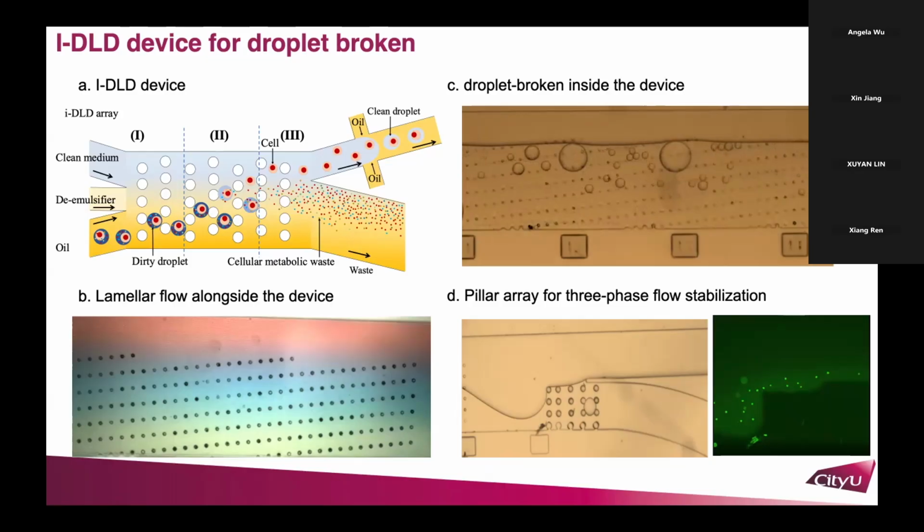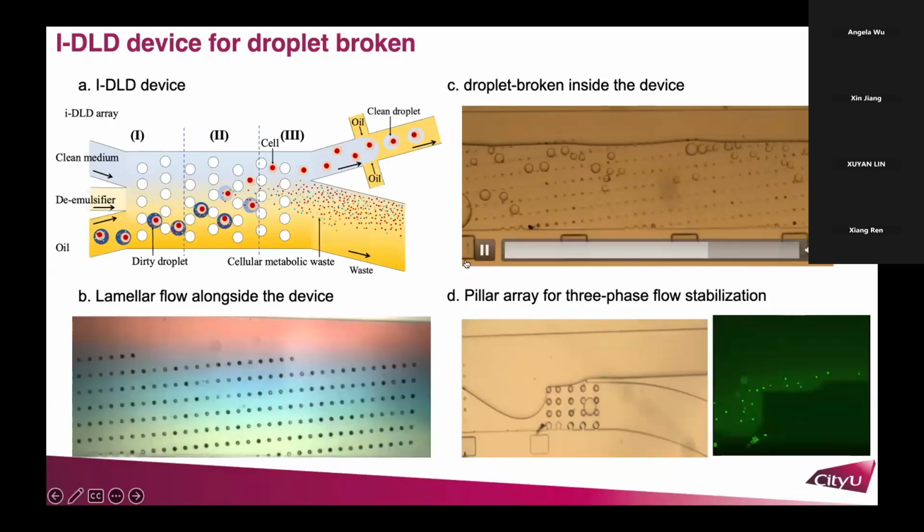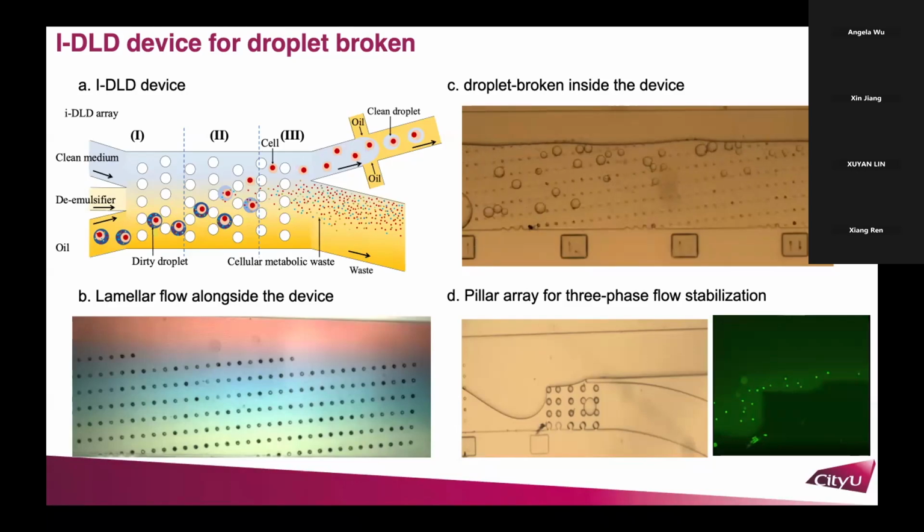the force generated by the droplet breaking did not disturb the interface between the oil and the aqueous phase. Just like I said, as we all know, the interface between water and oil is actually very stable, and any inappropriate operation could disturb and cut the aqueous phase.